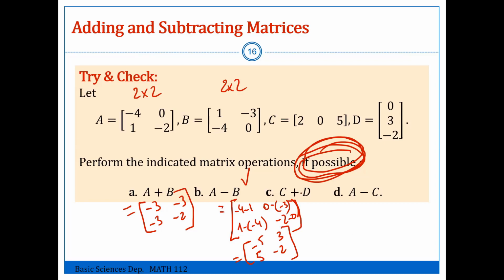What about C plus D? Can we add C plus D? I think yes, even though they're not the same, because C's column number matches with D's row number.